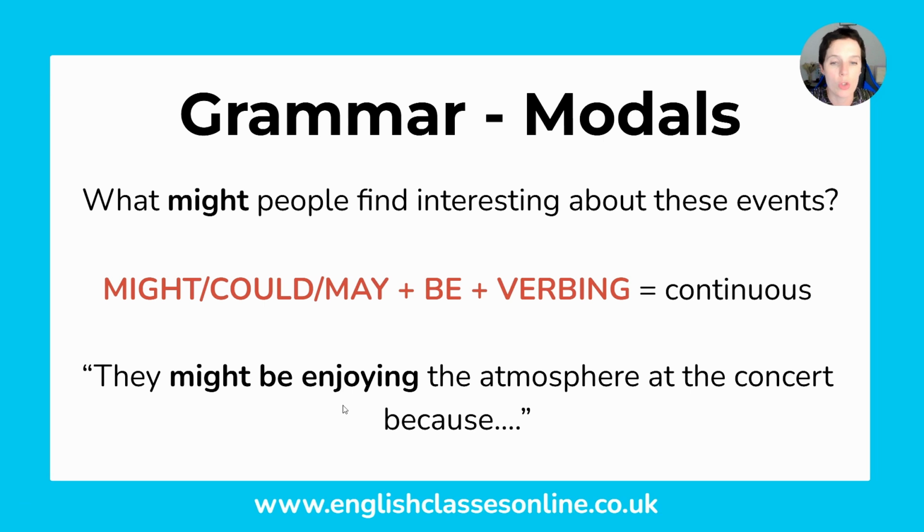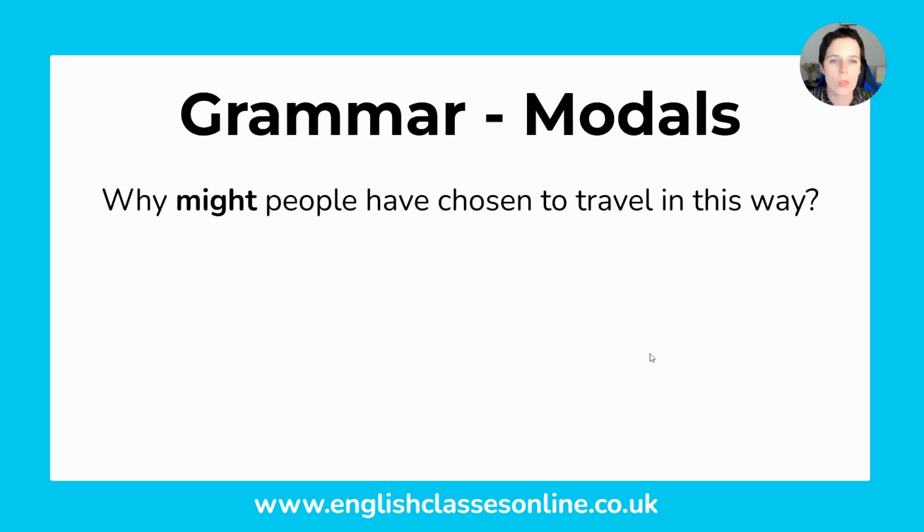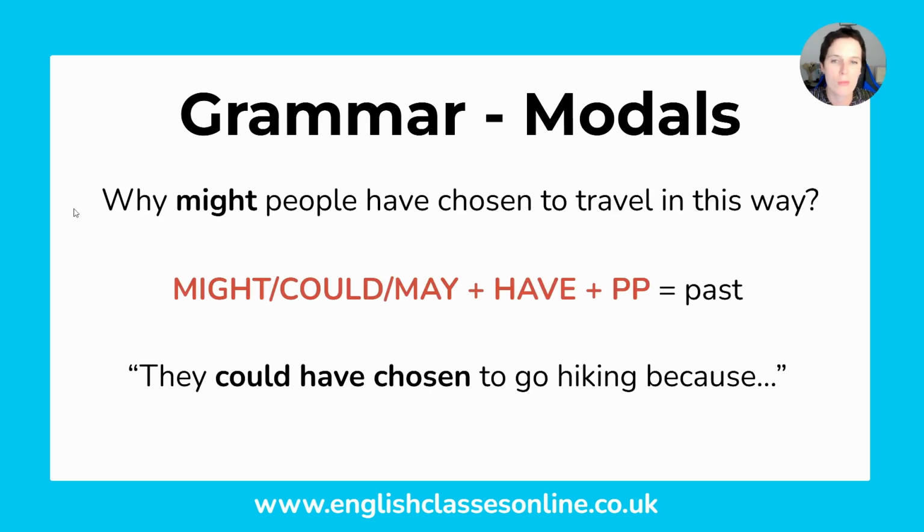So they might be enjoying the atmosphere at the concert because XYZ. Or if you want to use it in the past, if your question, for example, is why might people have chosen to travel this way, you use might, could, or may, have, and a past participle. So they could have chosen to go hiking because XYZ.